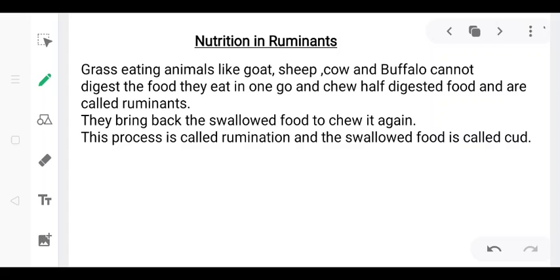They bring back the swallowed food to chew it again, and this process is called rumination, and this kind of animals are called ruminants. So let's see the digestion process in ruminants.